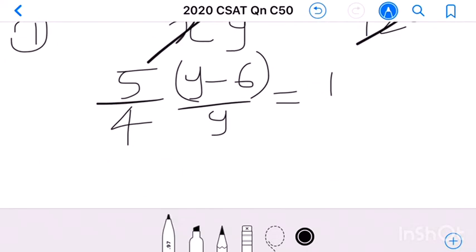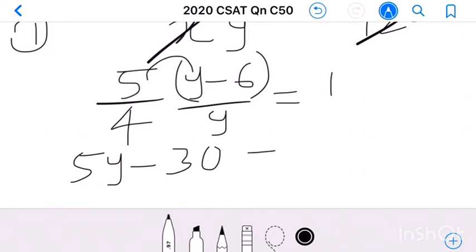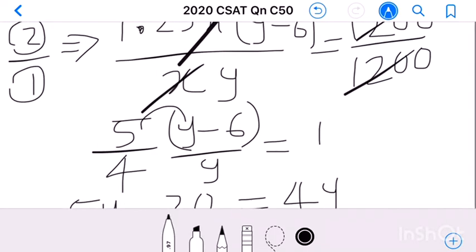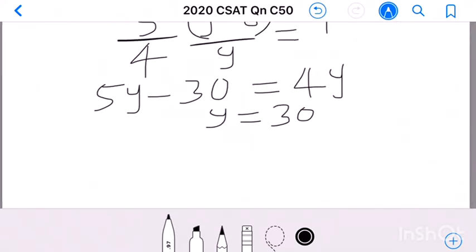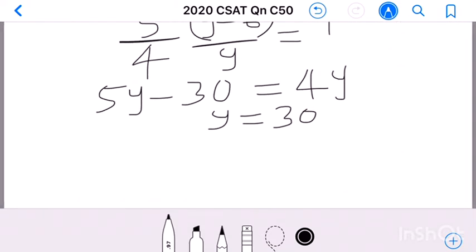Then 5Y minus 30, I multiplied by taking this 5 inside, equal to 4Y. 4Y I am taking to the right side. Then we get Y equal to 30. Y equal to 30 and XY equal to 1200. Put the value of Y in equation 1.